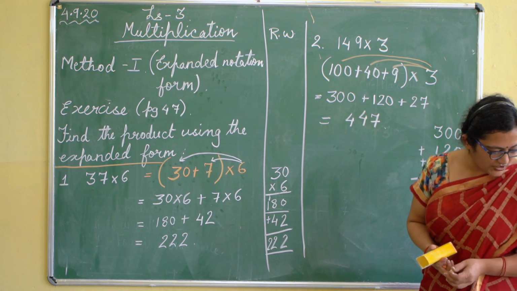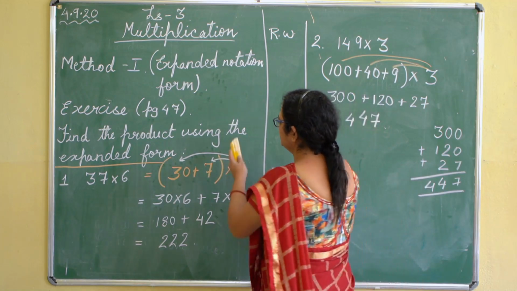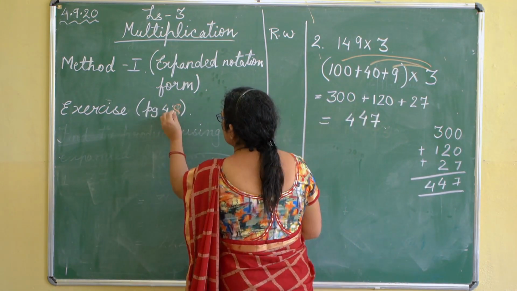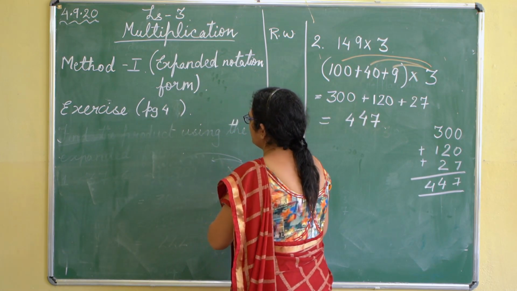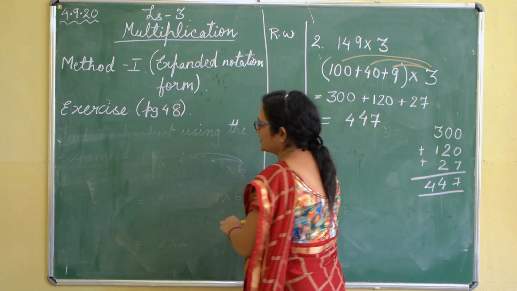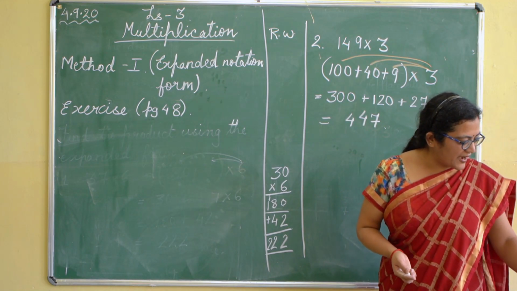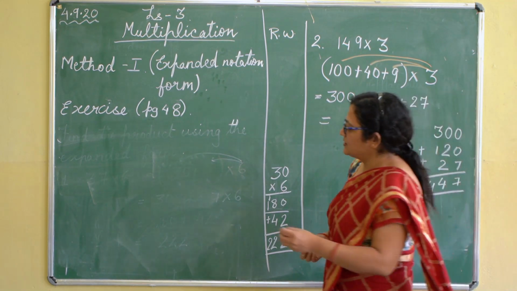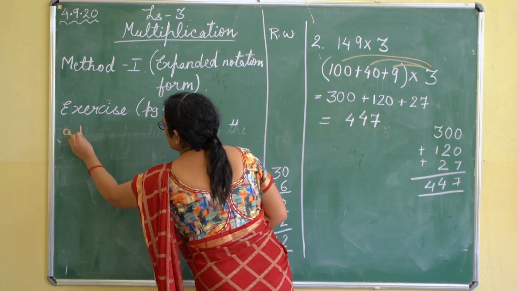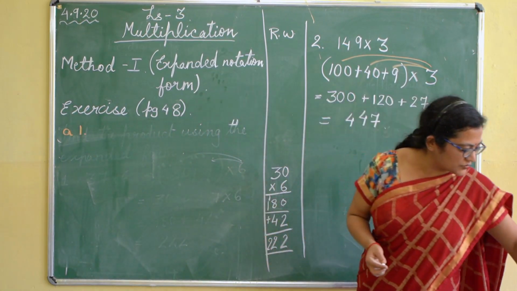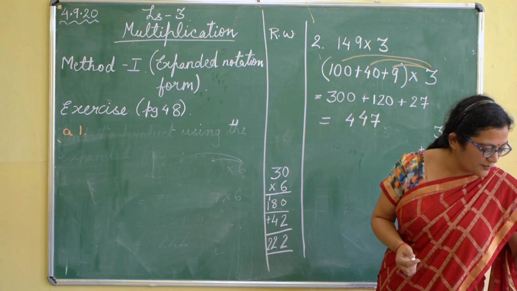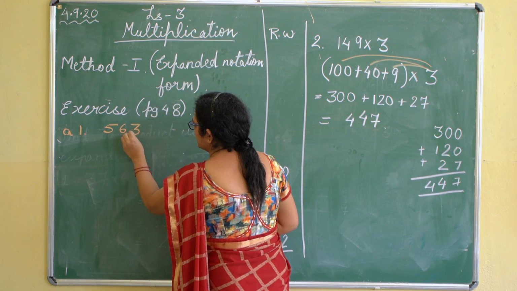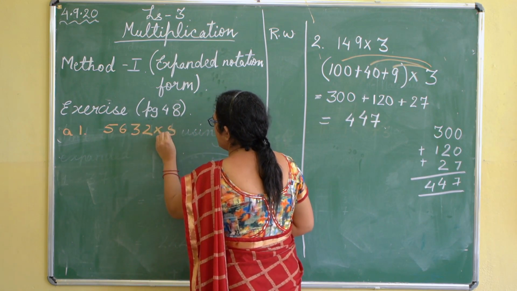Page number 48. Find the product using the expanded form. A part. The first question is 5632 multiplied by 5.